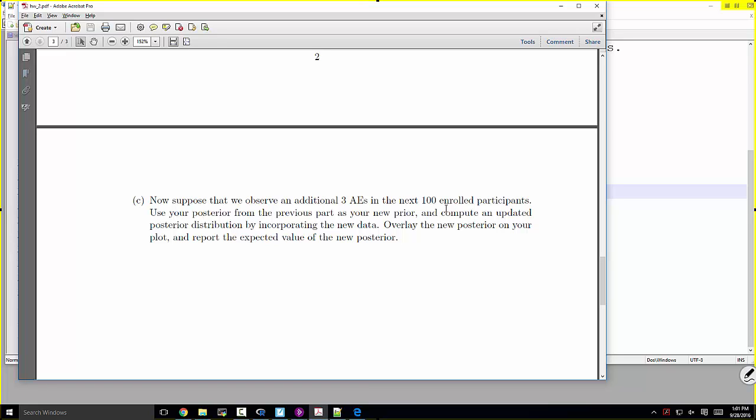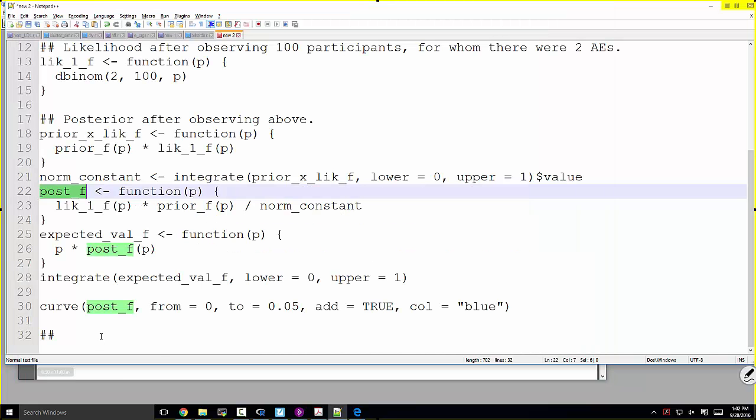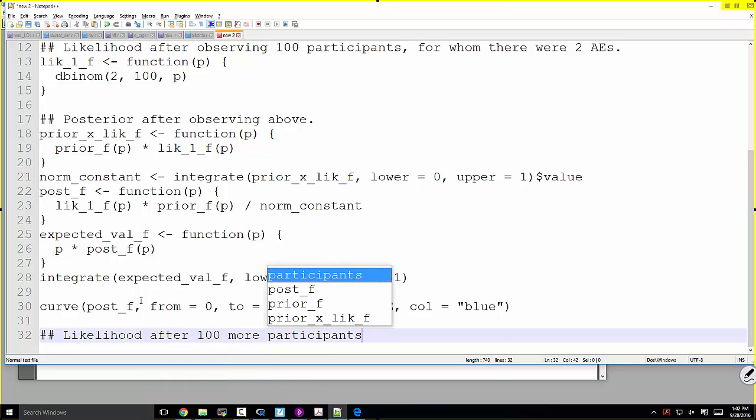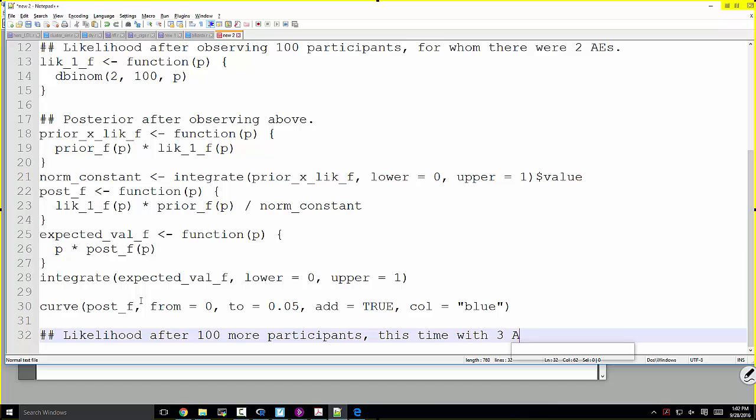An alternative would be to go back to the original prior and now treat it like we have 200 observations with 5 adverse events. They will be equivalent. You'll get the same posteriors, same inferences. I won't give you all the code here, but it's the same approach. Define the likelihood after 100 more participants, this time with 3 adverse events.